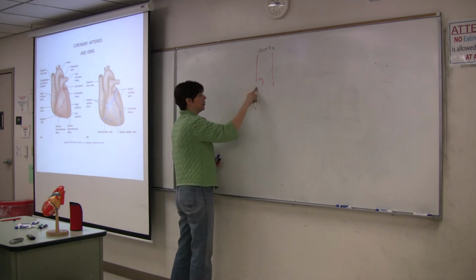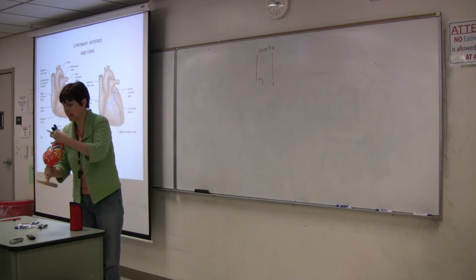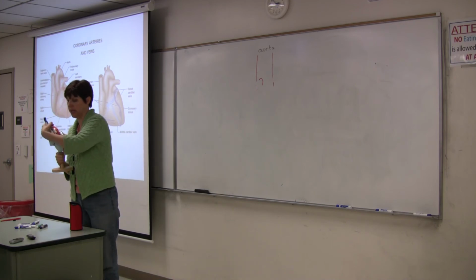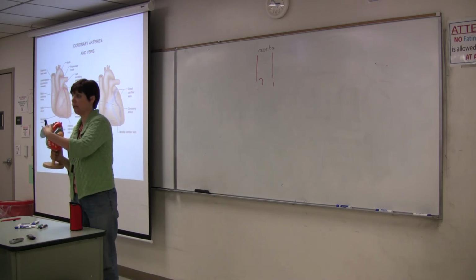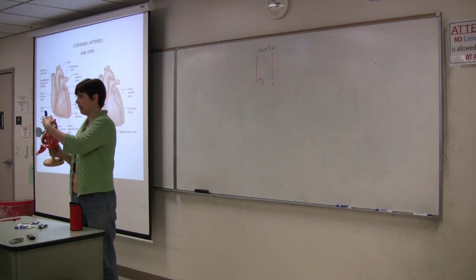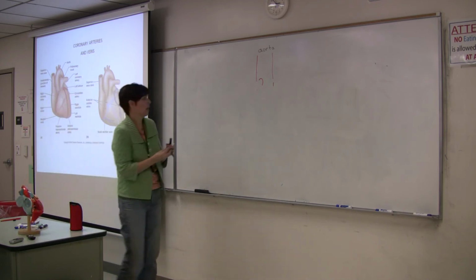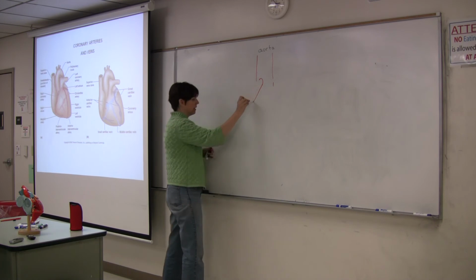It's going to travel in what's known as the coronary sulcus, that is the groove between the atrium and the ventricle. It's the groove right here between the atrium and the ventricle. You can see the right coronary artery right here, traveling out of the aorta and around to the right side, in that groove.